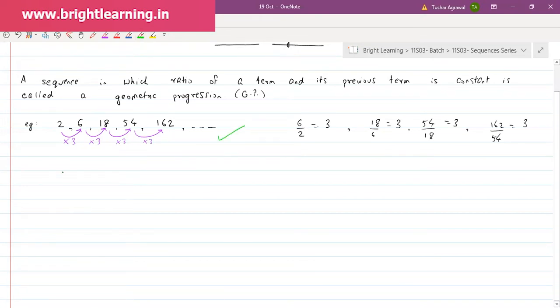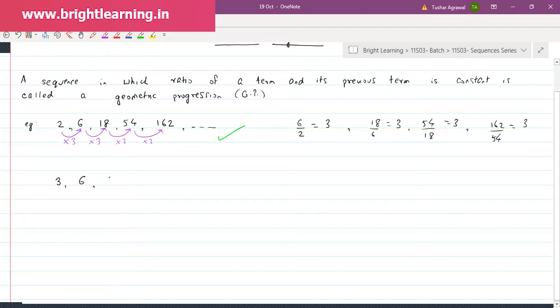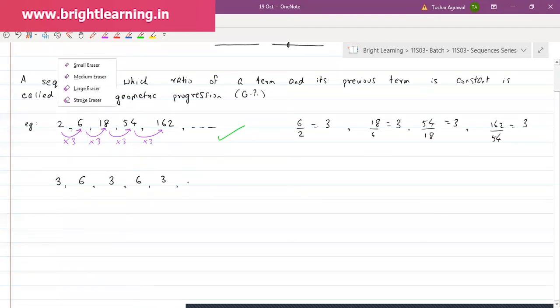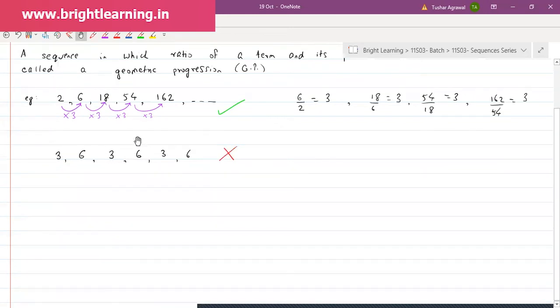If I give you some example which is not a geometric progression, you should not commit this mistake. For example, 3, 6, 3, 6, 3, 6. This is not a geometric progression. Can everybody agree with me?